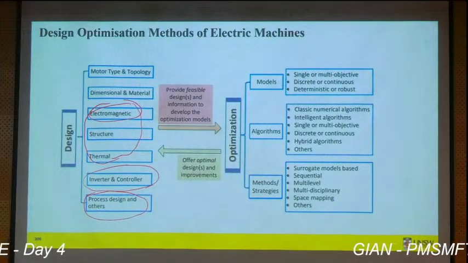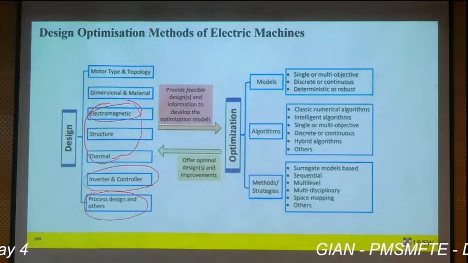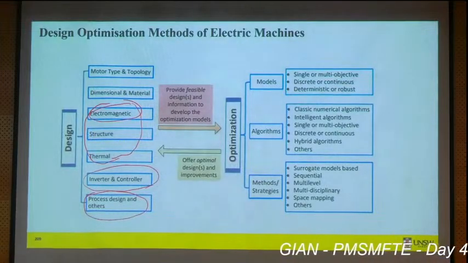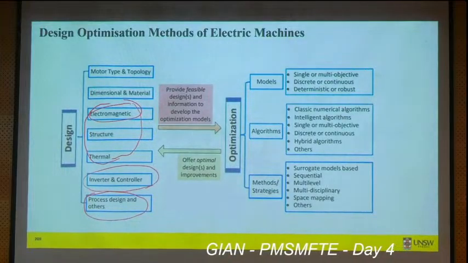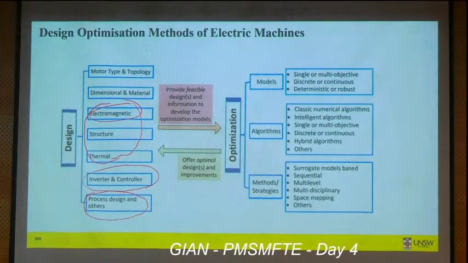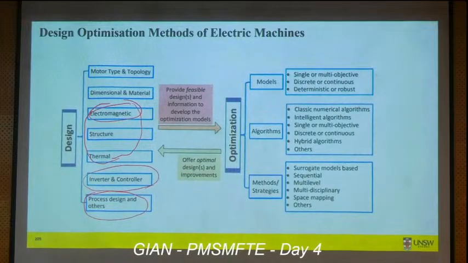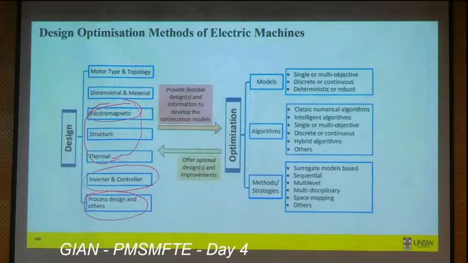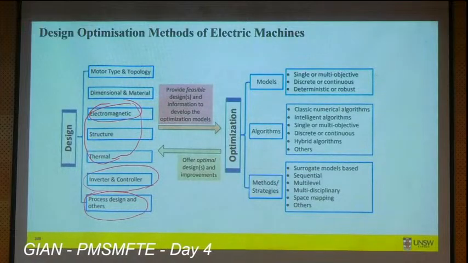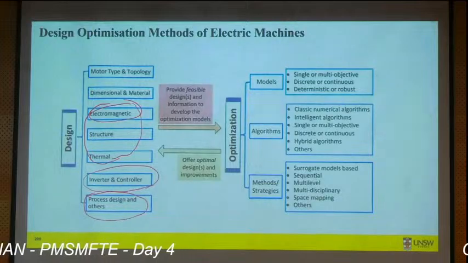And then once from this we will get some feasible designs, and the method that we use for optimizing these base designs could be model based, could be algorithm based, or could be some strategies.